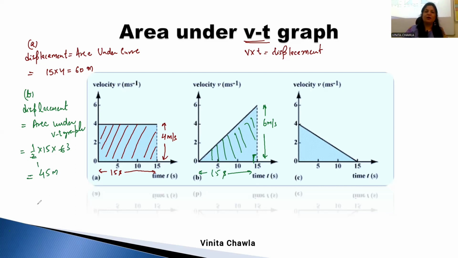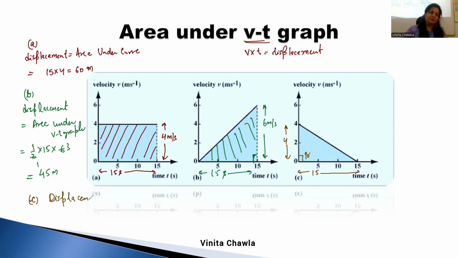C part, again we have a right angle triangle. It is right angle at the origin. This is 90 degrees. What is the base? 15. Height is 4. So we can find the area under the curve.